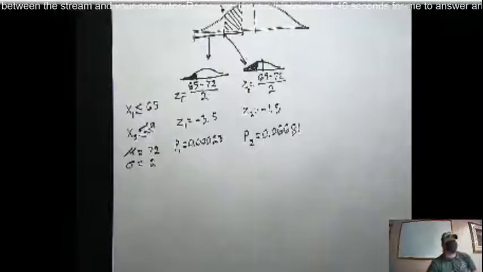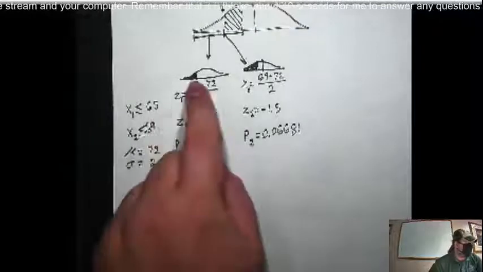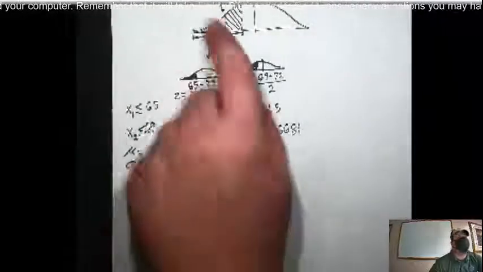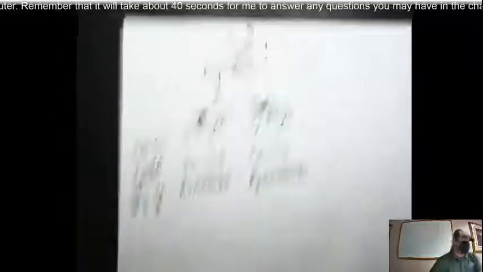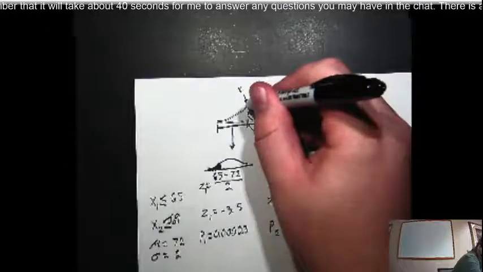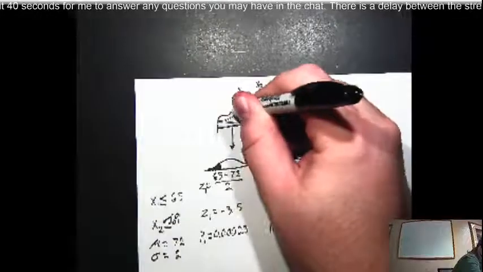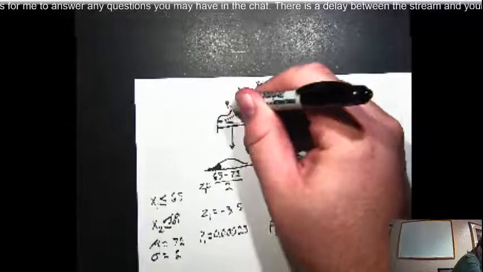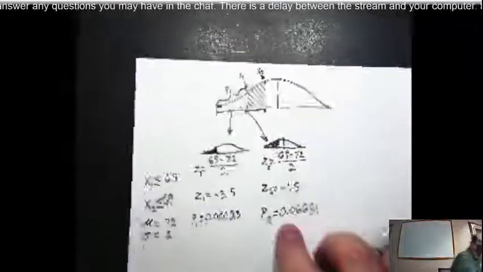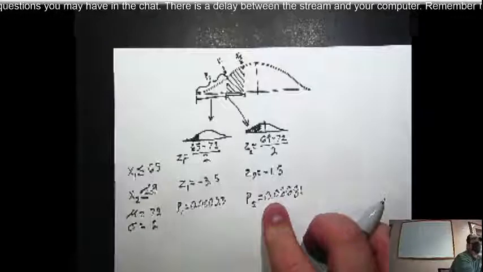Now again, this one is calculating below. It's getting us this part right here, so let me label that as our P1. This one is also calculating below.